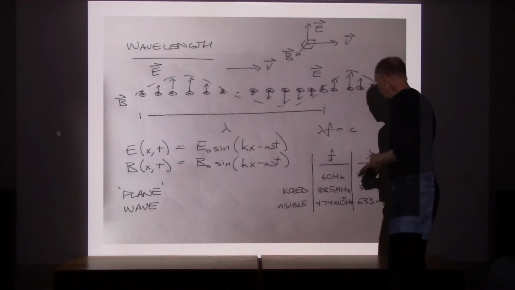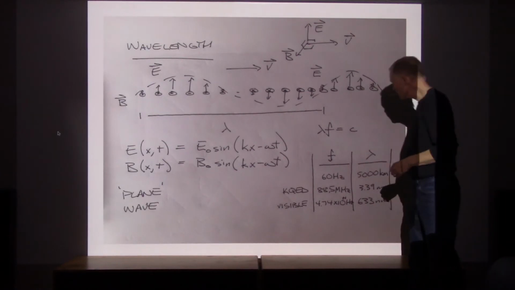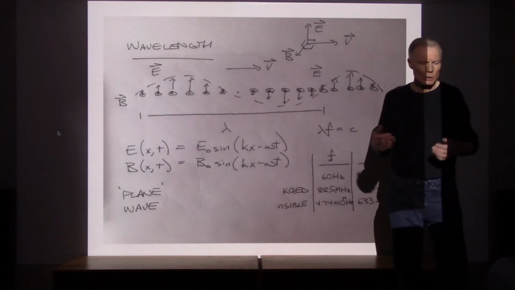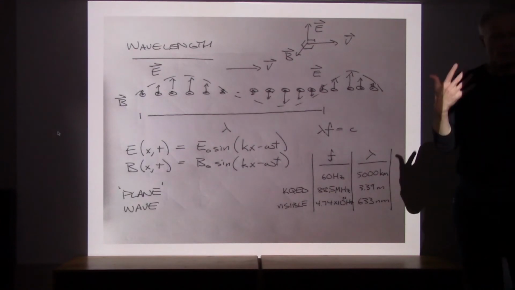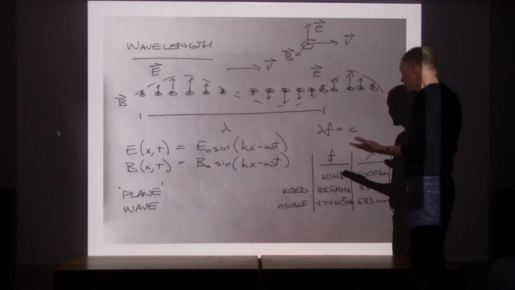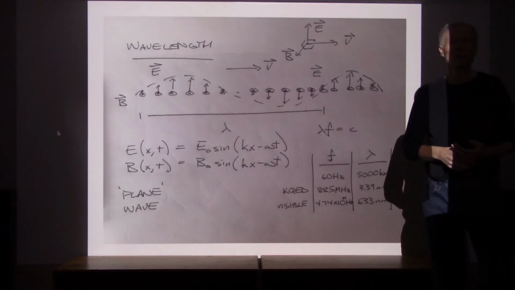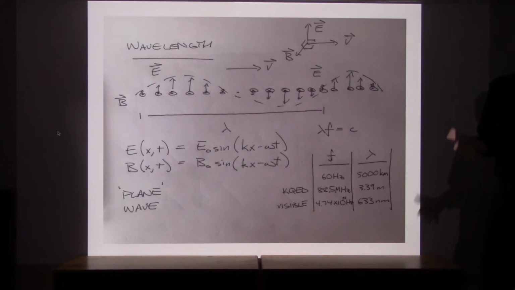We can build radio stations, clearly. KQED broadcasts at 88.5 million cycles per second. We can generate circuits that oscillate that rapidly. We can't build circuits that oscillate at 10 to the 14th hertz. So we can't build circuits that oscillate so fast that they generate visible light.